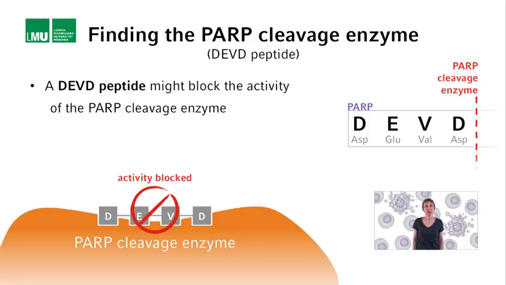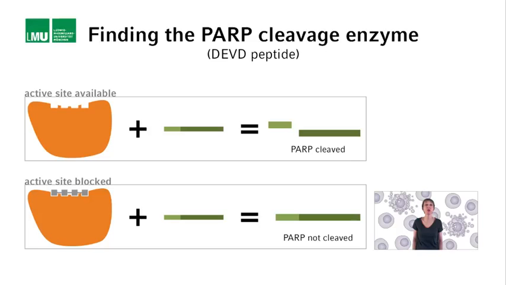They tested it in their in vitro assay and found that yes, the DEVD peptide could block the cleavage. Based on this, they reasoned that this peptide most likely blocked PARP cleavage because it bound to the PARP cleavage enzyme, thereby preventing its ability to bind and cleave PARP.